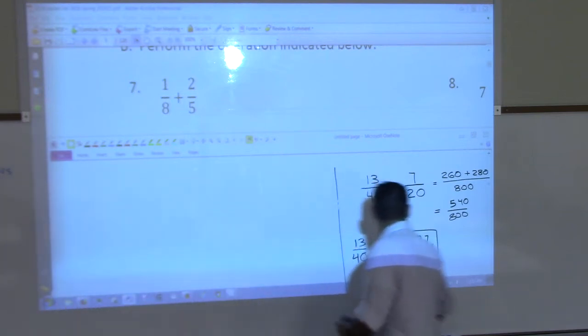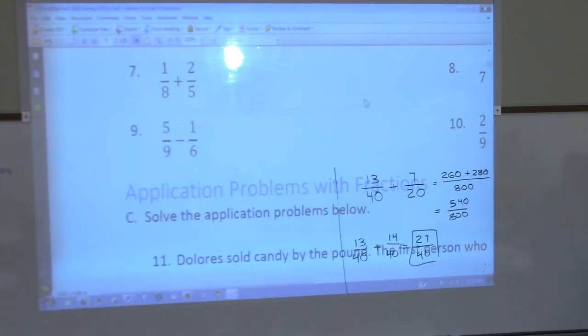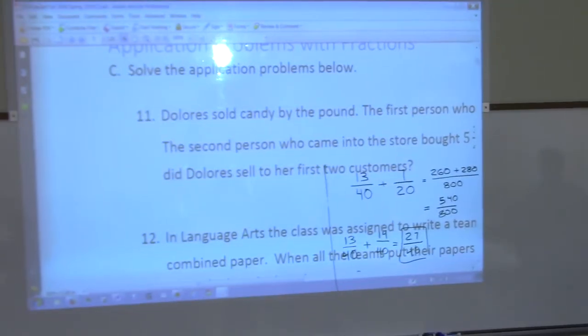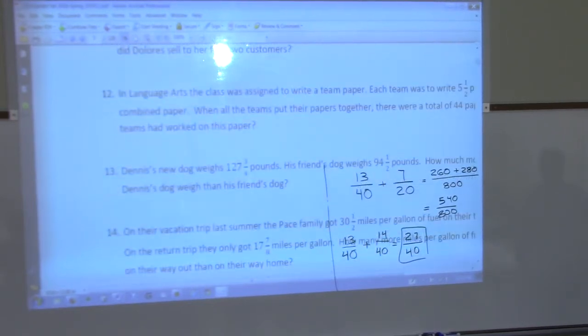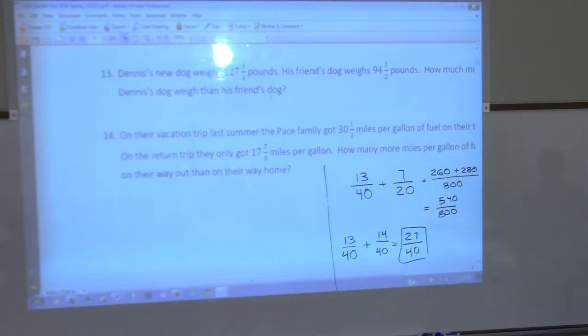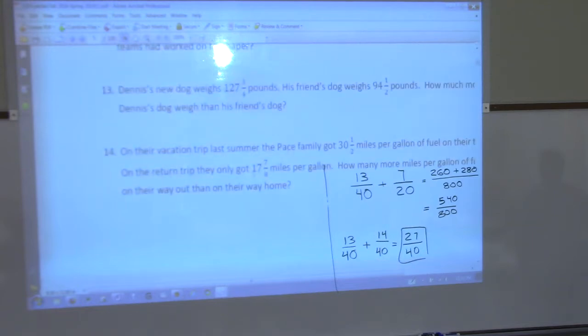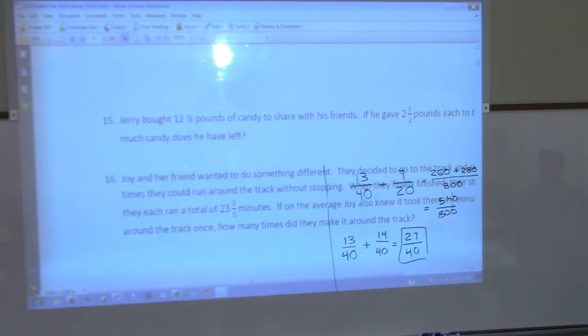So addition, subtraction of fractions. Some word problems, yeah. I'm just looking to see what I want to do here.